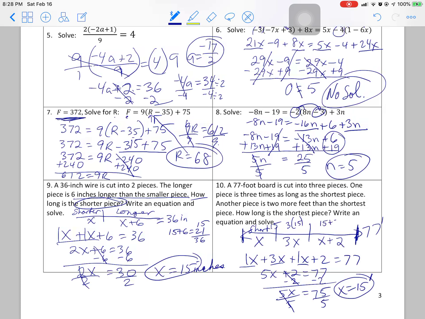This is 15 plus 2. So 15 plus, what is 3 times 15? 45. 45 plus 17, just to make sure I'm using my calculator, plus 15 plus 17 is 77. So we're correct. Okay.